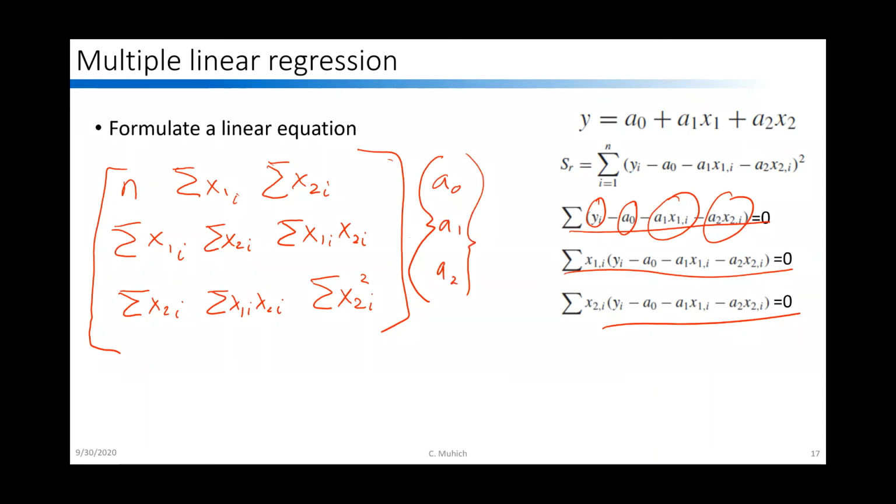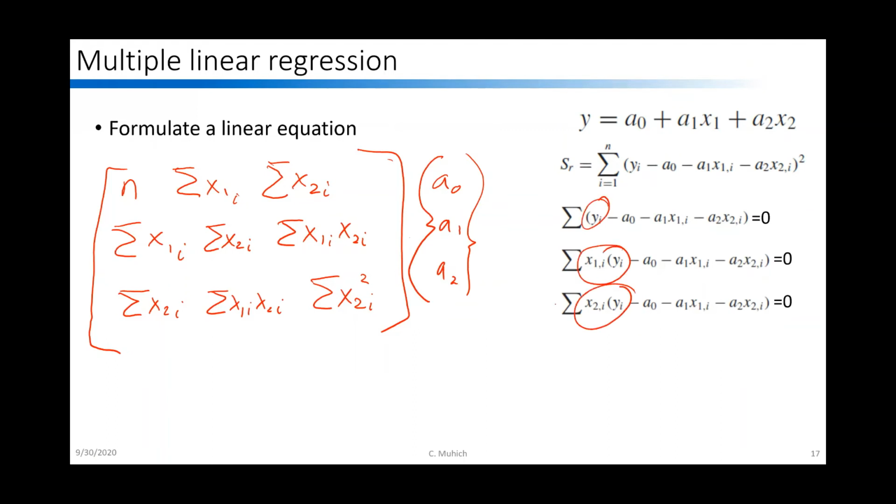And then we can have all those terms that are going to be associated with my y's. If I just look, you can see where those are going to come in next: we have the sum of yi, the sum of x1i yi, and then finally the sum of x2i yi.